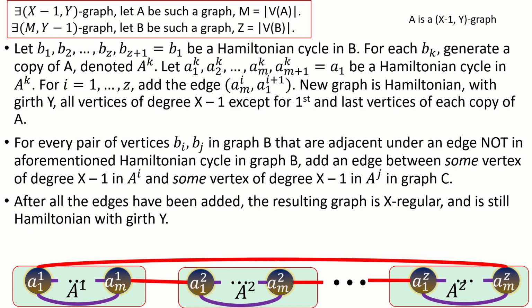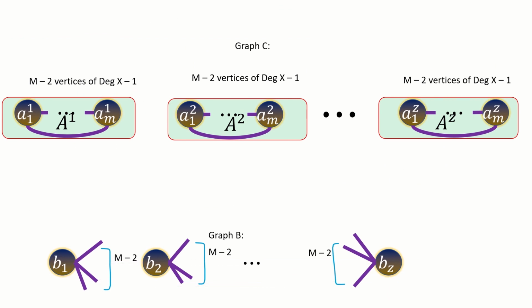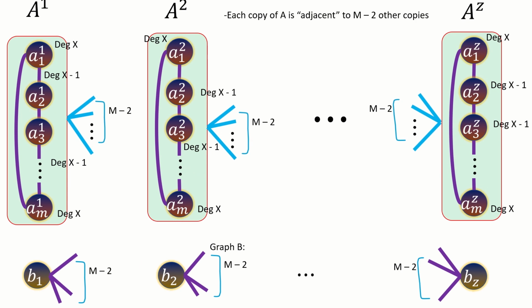Now, why is it that the previous step raised the degree by 1 for every vertex of degree x minus 1? Well, before that step, in each copy of A, there were m-2 vertices of degree x minus 1. And disregarding the adjacencies pertaining to B's Hamiltonian cycle, each copy is in a sense adjacent to m-2 other copies.